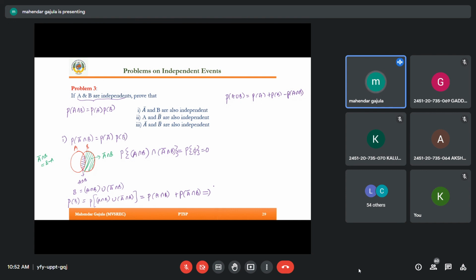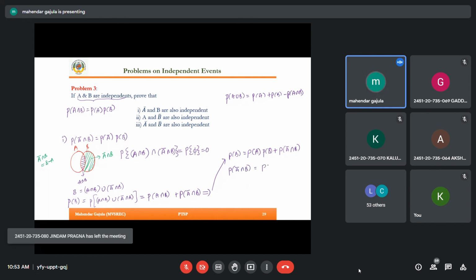Now let us write probability of B equals. Already given that A and B are independent. So using that we can write P of A intersection B equals P of A into P of B. Next, probability of A bar intersection B. Let us isolate this by moving probability of A and probability of B onto the left side.